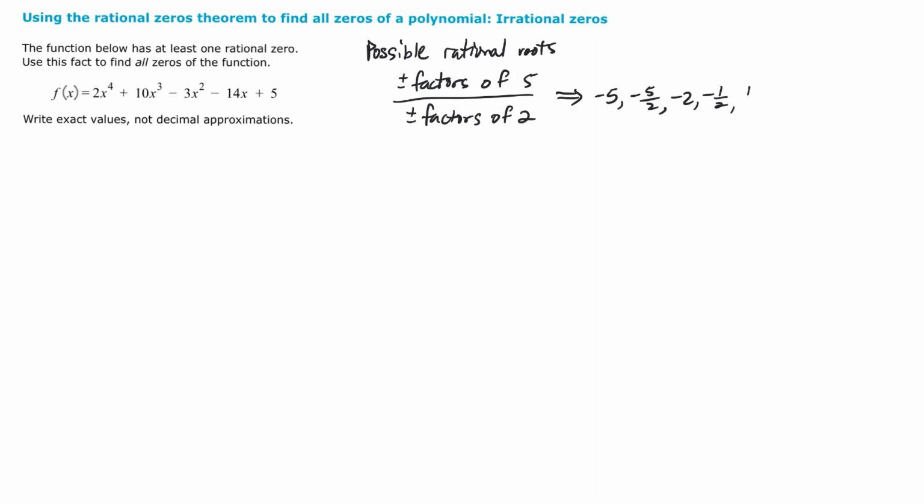I forgot -1, so we could have -1 as well. Then +1/2, then 1, then 2, then 5 halves, and then 5. So we have all these options, and we're just going to do trial and check with synthetic division.